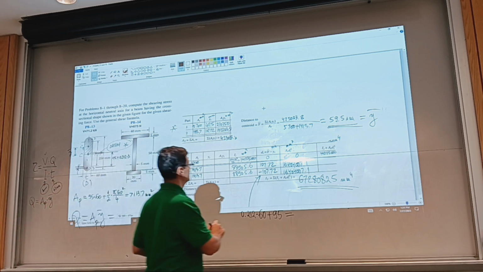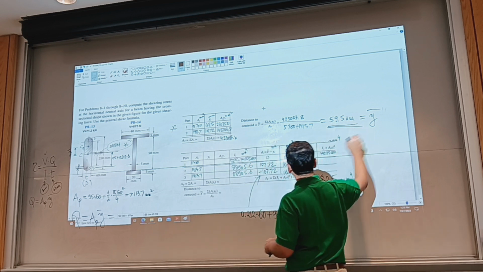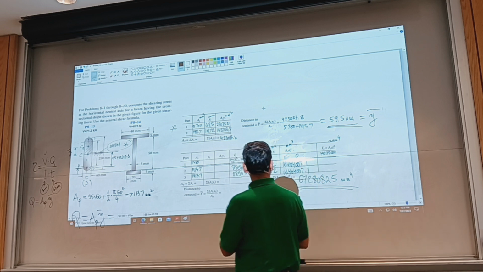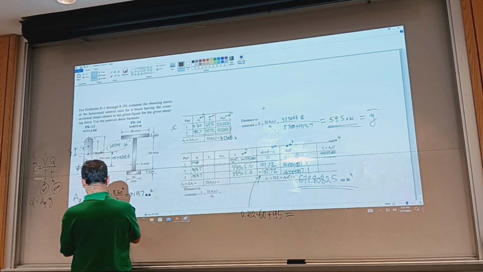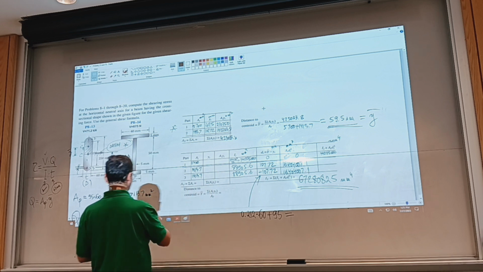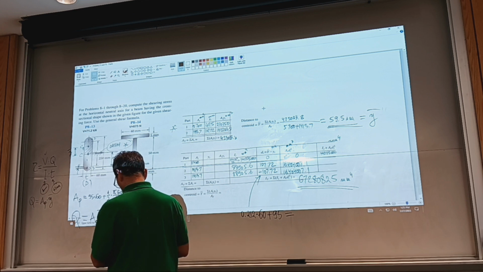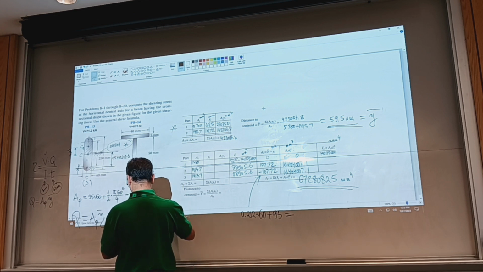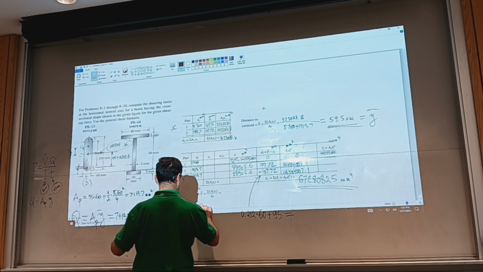A' is this sum, 5700 plus 1413.7 equals 7,113.7 millimeters squared, times y over score, 59.5, equals 423,265.2 millimeters to the power 3.